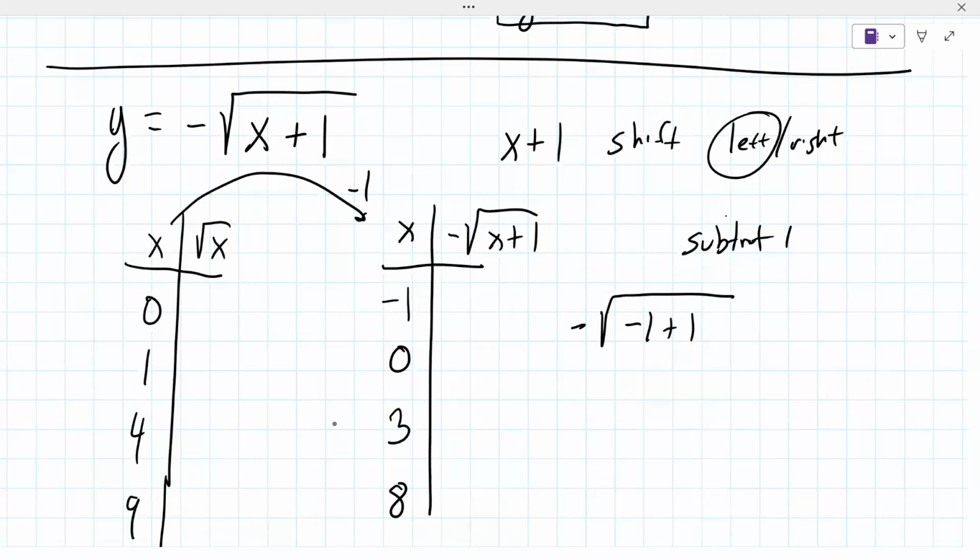-1 plus 1 is 0. Okay, take the square root of that.